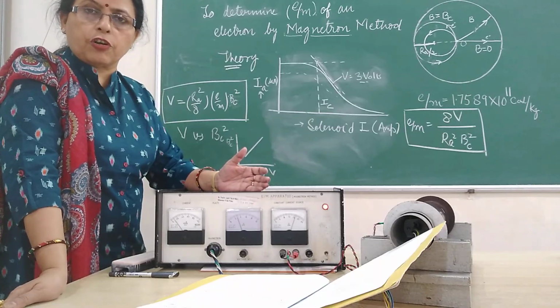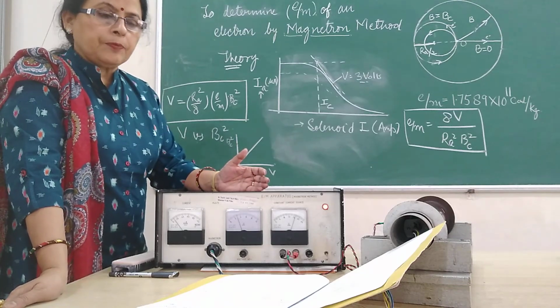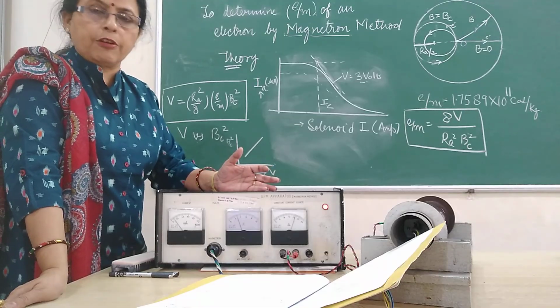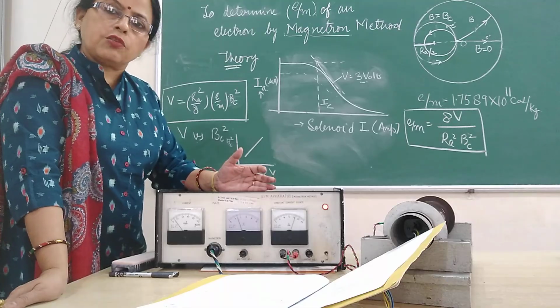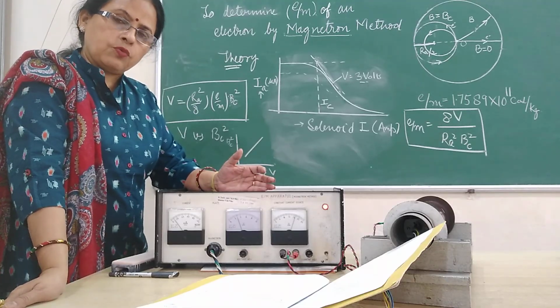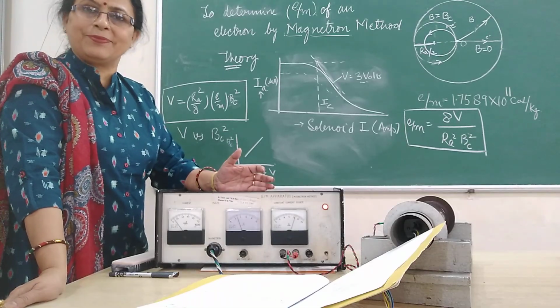If you are not able to get anything, I think your problems will be solved there. All the graphical details are also given there, and I will provide you one set of values. Using those values, you need to calculate e/m theoretically as well as practically. Thank you.